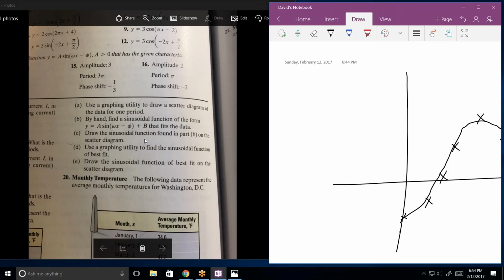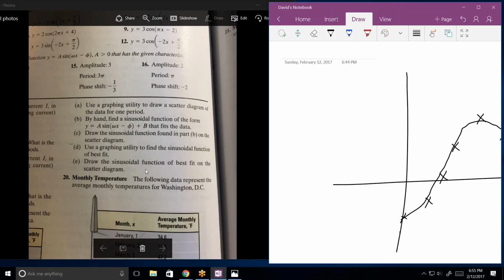Yes. Your calculator, I guess, did that. And, okay, part D is use the graphing calculator to find the sinusoidal regression of best fit. And you'll find a very nice fit. And finally, draw the sinusoidal function of best fit on the scatter diagram. And I'm not sure what to do with that because it's almost the same thing.